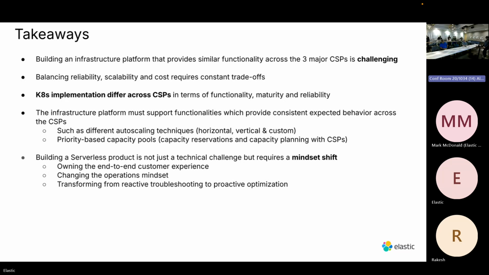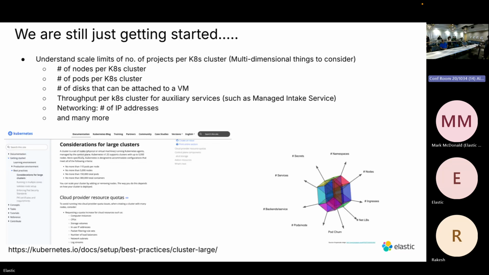Good. So if I can take 2 more minutes, I just want to walk through, this is just the start, right? We have a bunch of things that we need to figure out, right? For example, when we looked at what are the considerations for large clusters, we got this huge list of 20 items that, hey, you need to think about the number of nodes, you need to think about the limit on the number of pods, you need to think about how many disks you can attach, you need to worry about how many IP addresses you're attaching, and the list never ends.